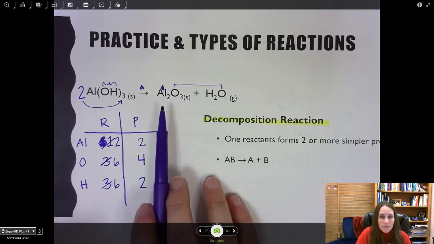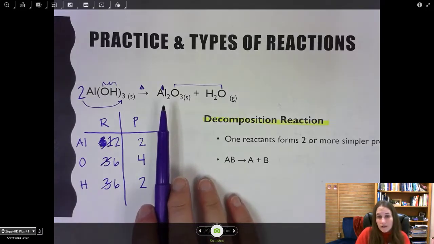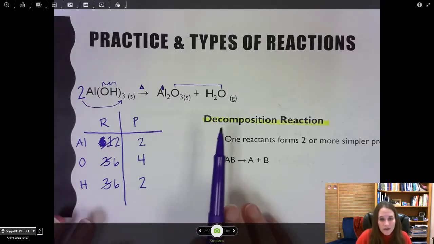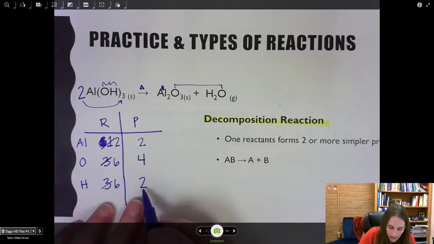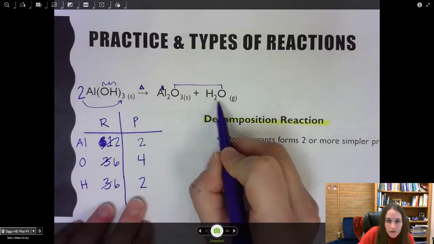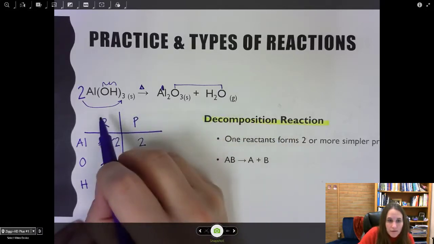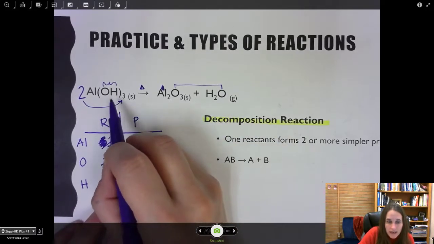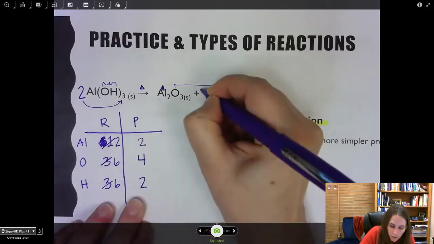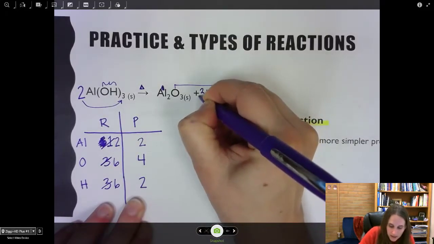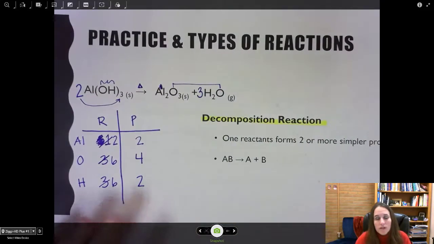Again, going with maybe oxygen will resolve itself if I focus my balancing efforts on hydrogen. So I have 2 hydrogens found in this water molecule on the product side, which came from hydrogens here, and I have 6 over here. So the way to get to 6 then, to make those numbers equal, would be to use the multiplier, the coefficient of 3 in front.